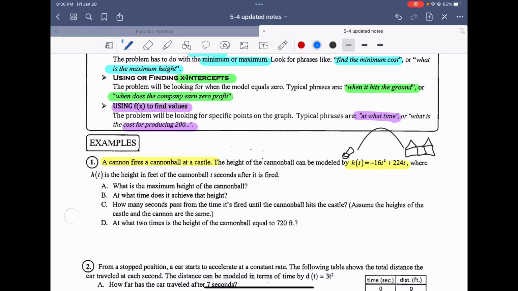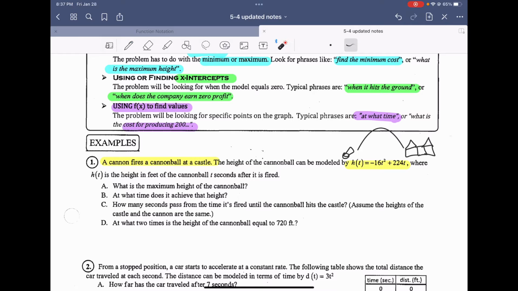How high the cannonball is depends on how long it's been fired. And so our t is going to be like our x variable, the independent variable on the x-axis. And then the h of t is the dependent variable, so it's going to go on our y-axis. All right, so let's look at some of the questions here.